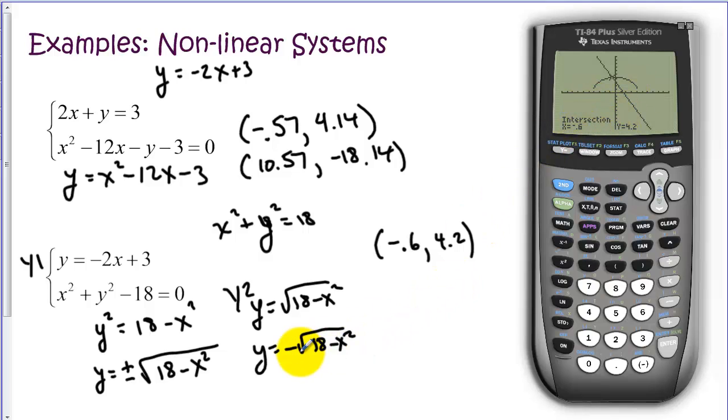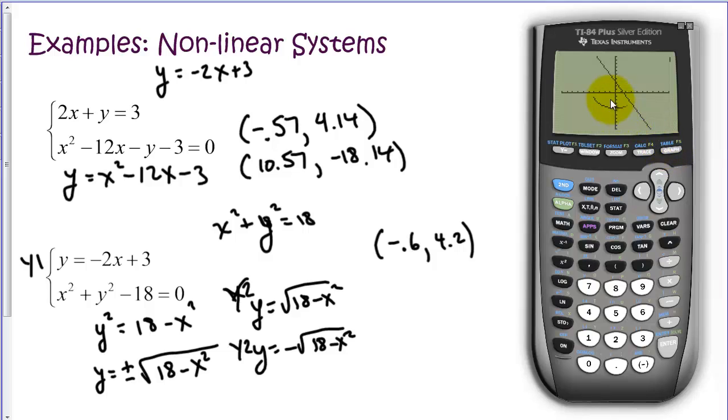Now to find the second intersection, it must be down here in the bottom half, so we have to change our y2. Instead of being this function, we now want it to be this function to get the bottom half. So it's the same thing except a minus in front, so I'm going to edit my y1. I'm going to move my cursor down here, and press second insert to add that negative sign. So now we've got negative the square root, so let's press graph now.